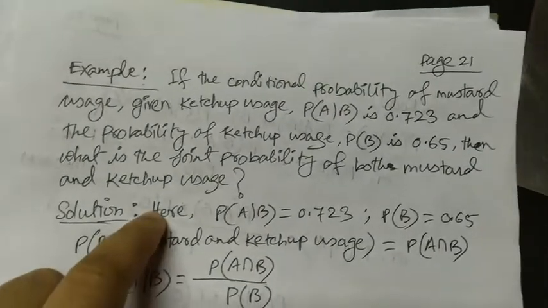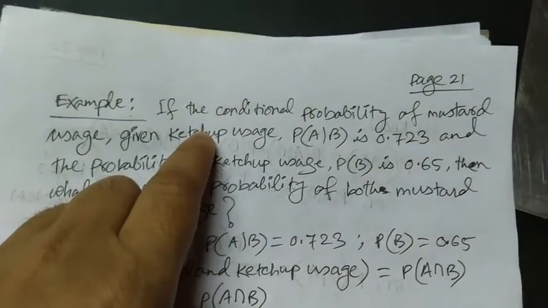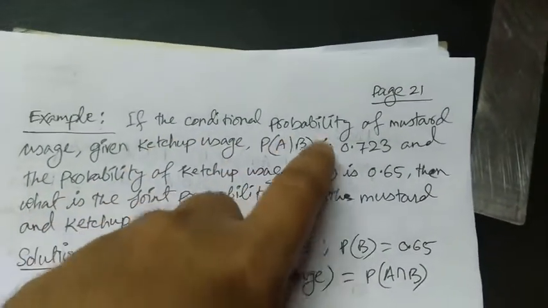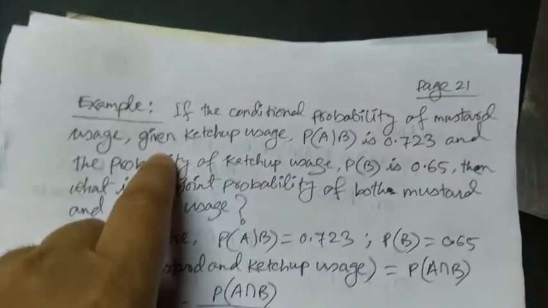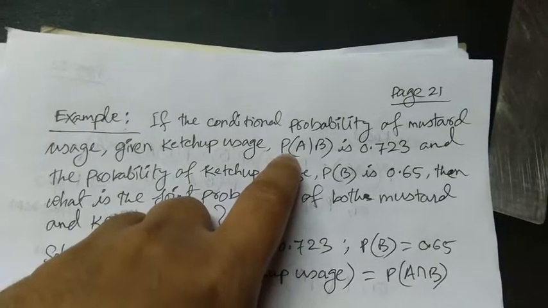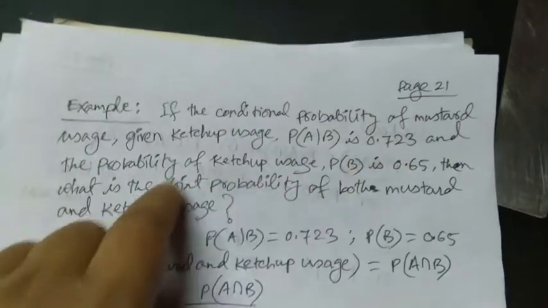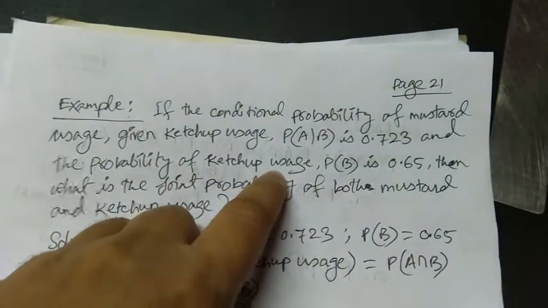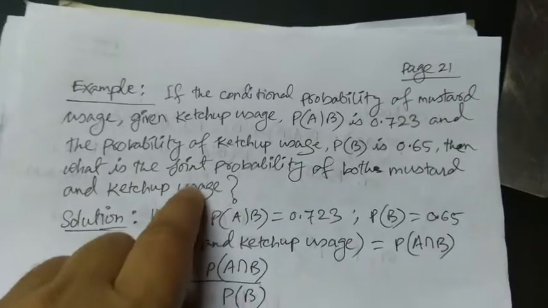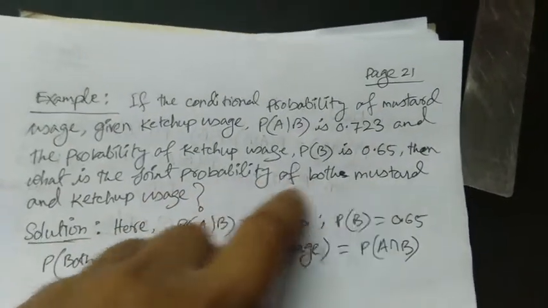Now we will move to page 21. In this example, the conditional probability of mustard use given ketchup use, that means probability of A given B, is 0.723, and the probability of ketchup use, that means probability of B, is 0.65. What is the joint probability of both mustard and ketchup use?